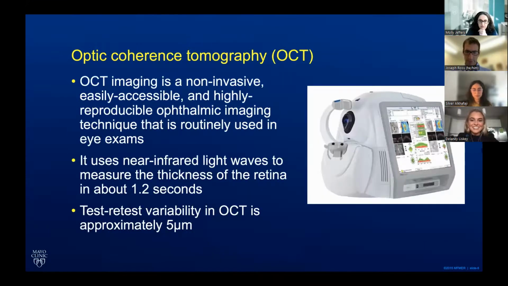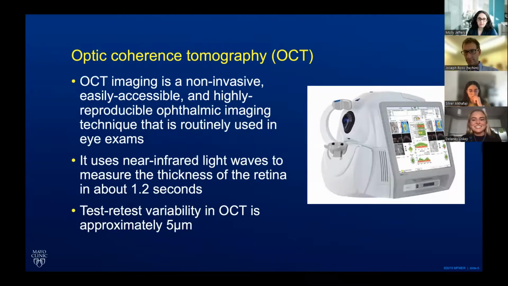So I'm going to focus on an imaging technique called optical coherence tomography, or OCT. This is a non-invasive ophthalmic imaging technique that is regularly used in eye exams, especially for glaucoma. Similar to ultrasound, it uses non-ionizing infrared light waves that reflect off retinal cells to create real-time images of the retinal nerve fiber layer, or RNFL, all while taking its measurement in approximately 1.2 seconds.